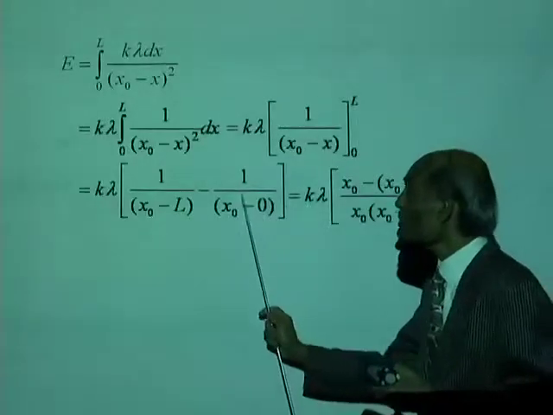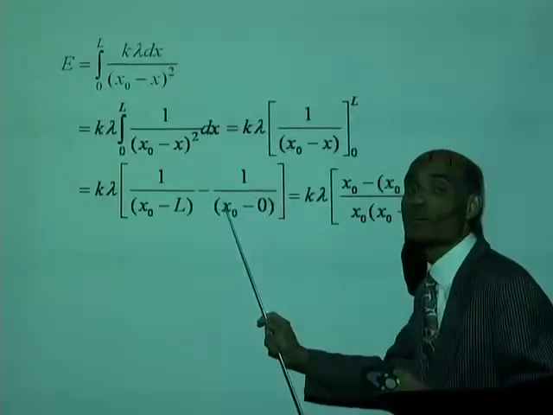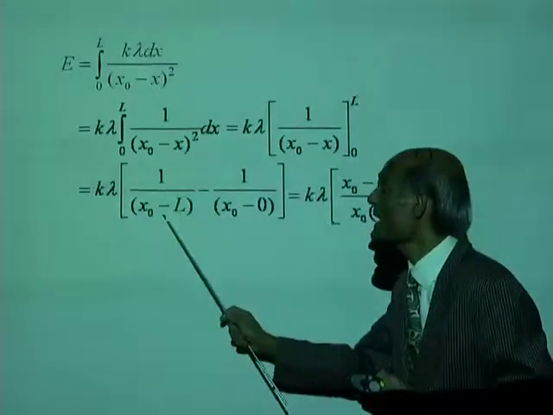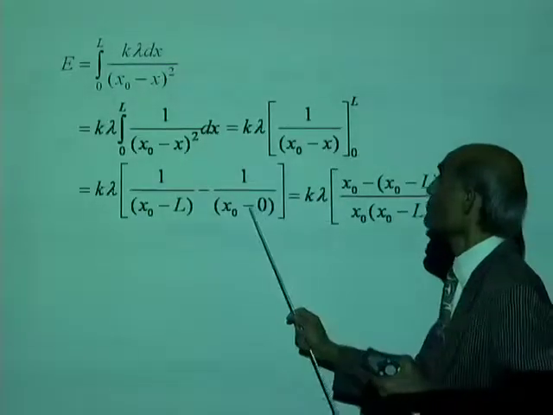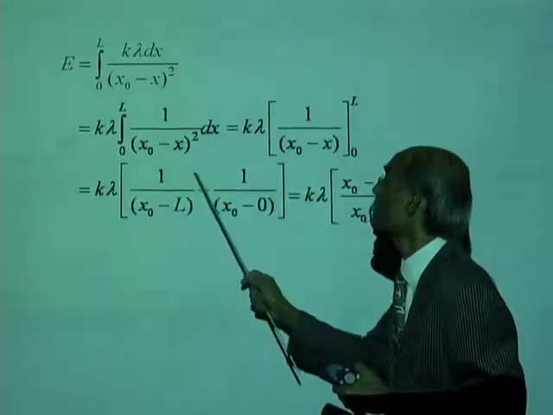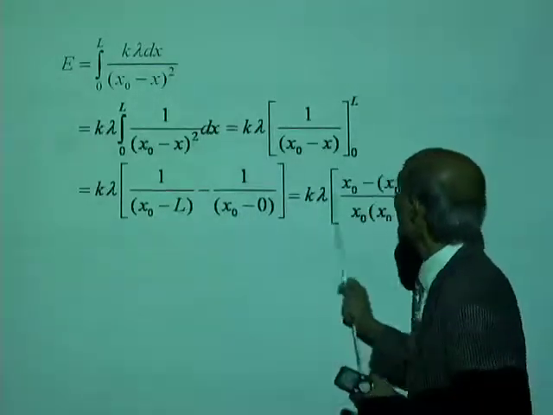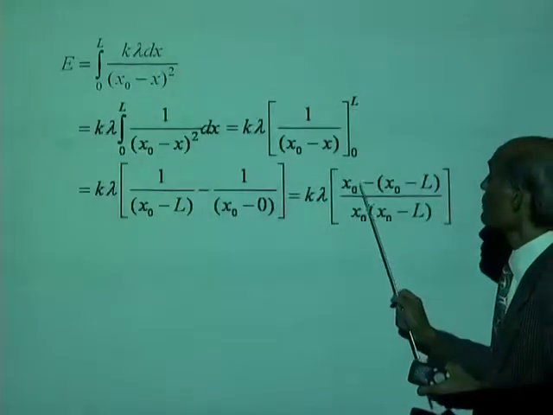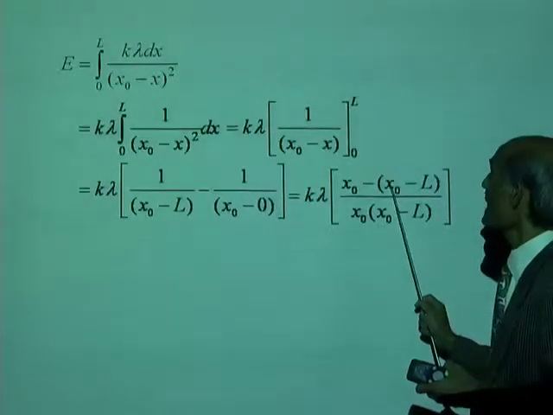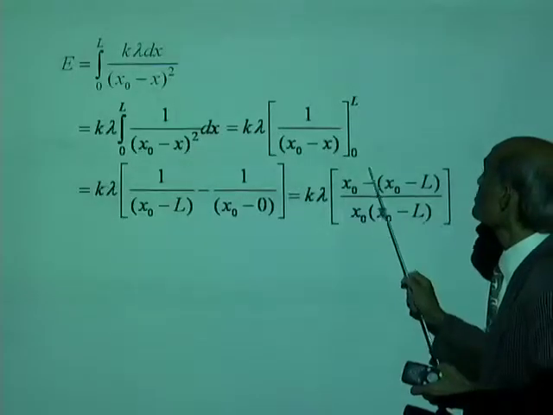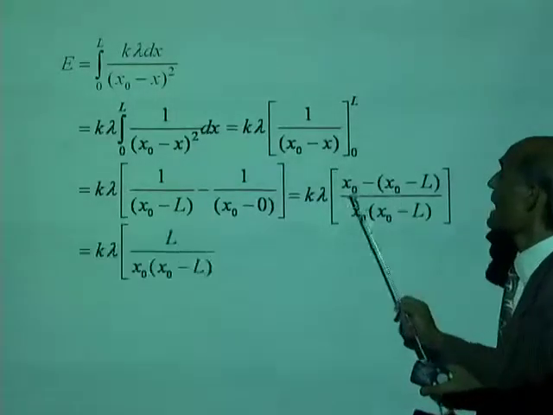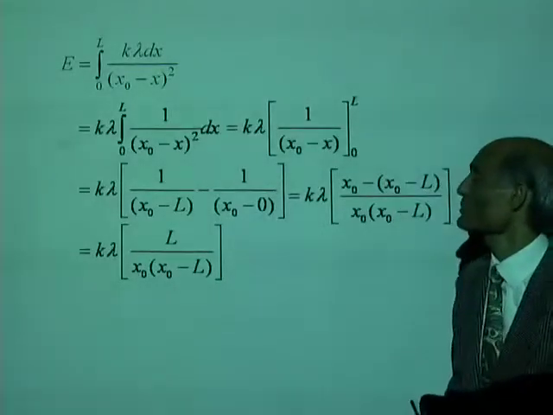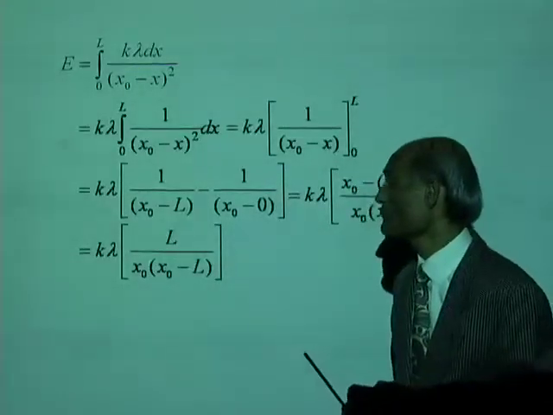You see that? This is just x0. If you now take x0 times x0 minus L as the common denominator, the numerator will be x0 minus x0 minus L. And what does that become? x0 minus x0 will cancel. So the numerator will be positive L over x0 times x0 minus L.